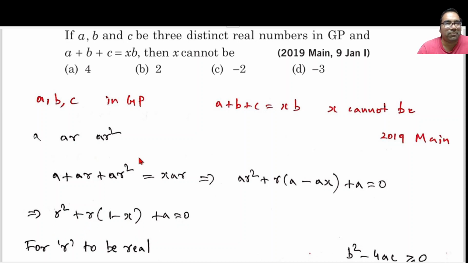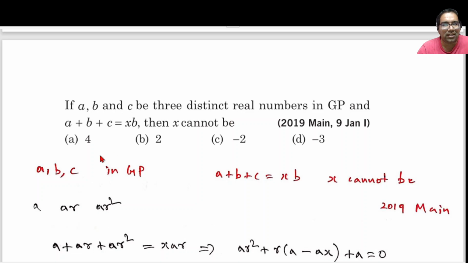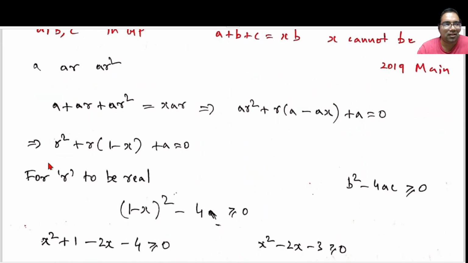If r is complex, then it doesn't hold, because r is the common ratio of this geometric progression. Clearly, r has to be a real number. r is actually a root of this equation, and the root cannot be a complex number.